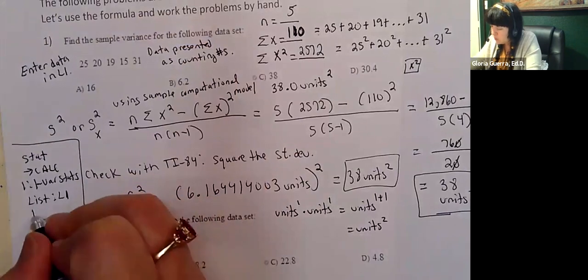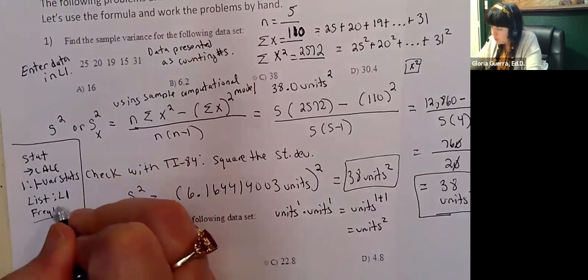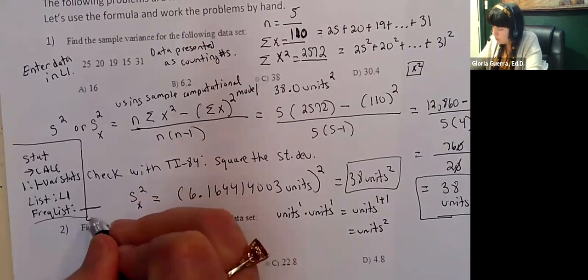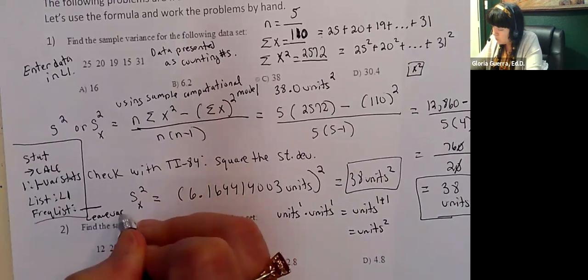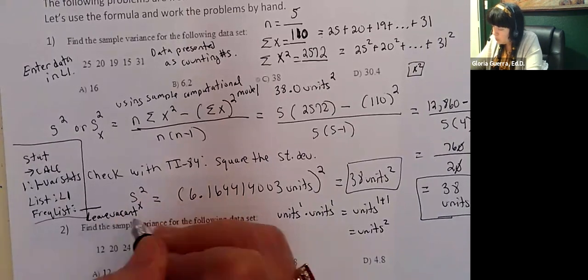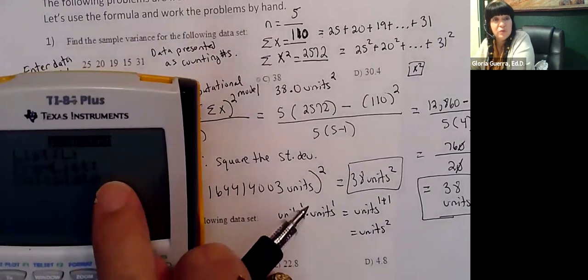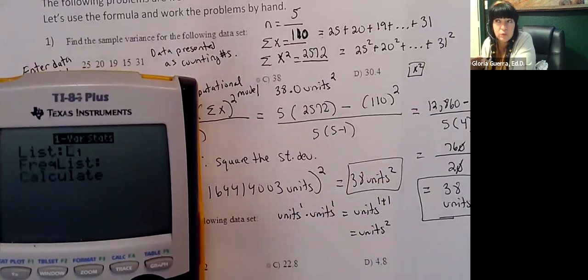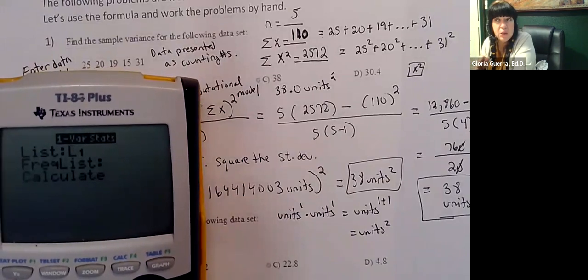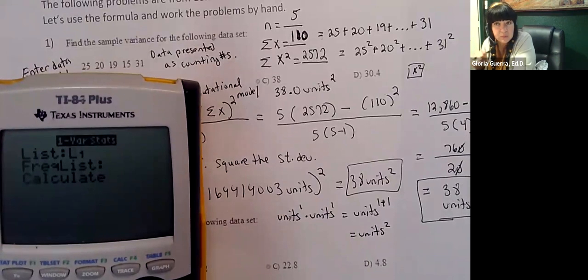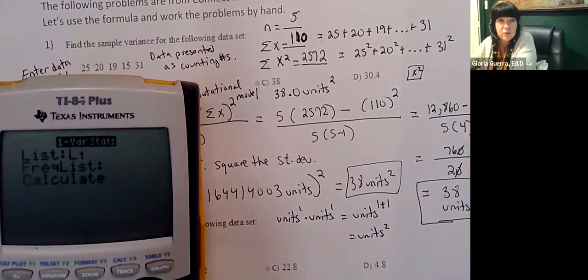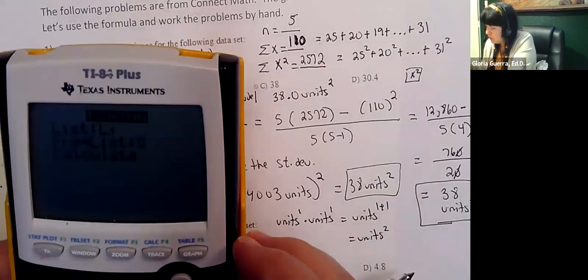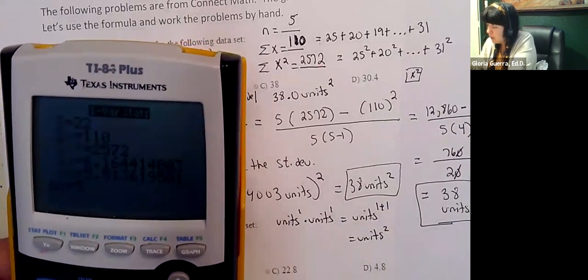And remember, we had to leave the frequency list vacant. Earlier, you might have had something like L2 from the previous problems we were doing, group frequency distributions, when we were finding the mean. But this is just L1 data here, no frequency. So leave that vacant.